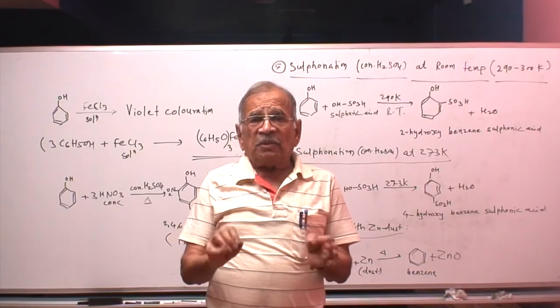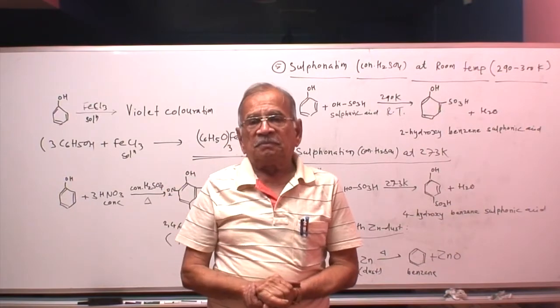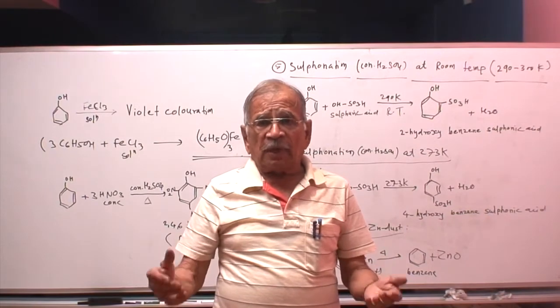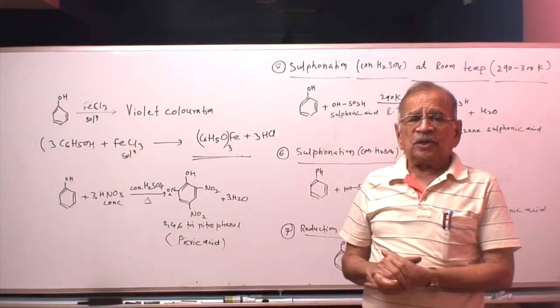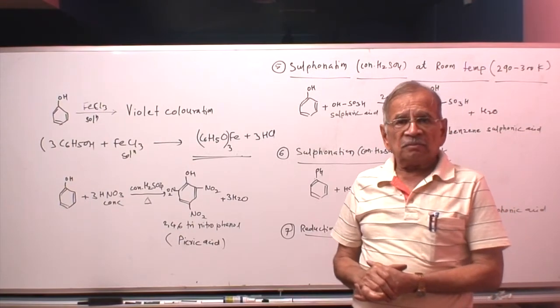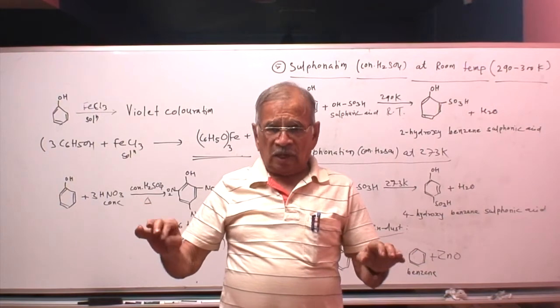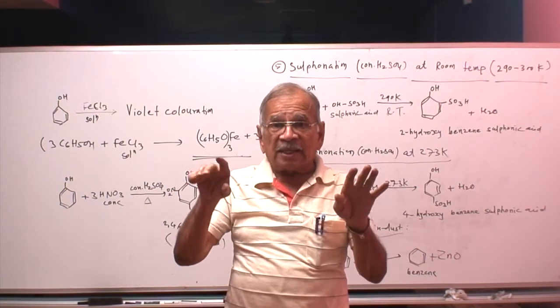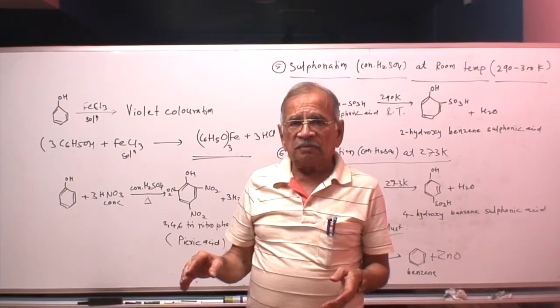And one chemical test is the test with bromine water. With bromine water, we have seen we get yellowish brown precipitate of 2,4,6 tribromophenol, and there is no such reaction with alcohol. So this is one more test, that is a chemical test to distinguish between phenol and alcohol.